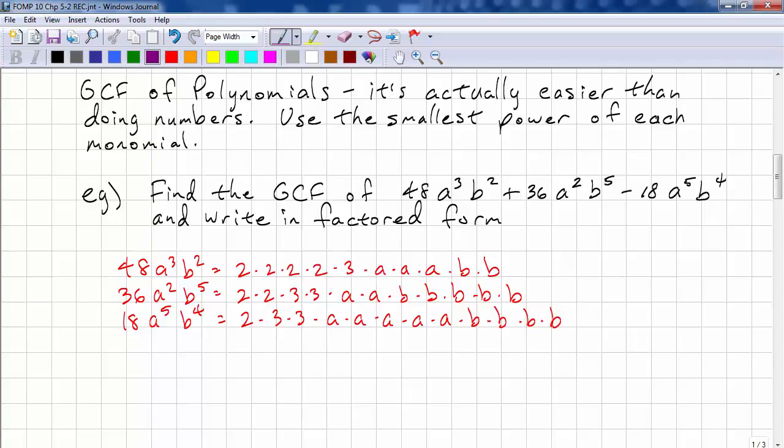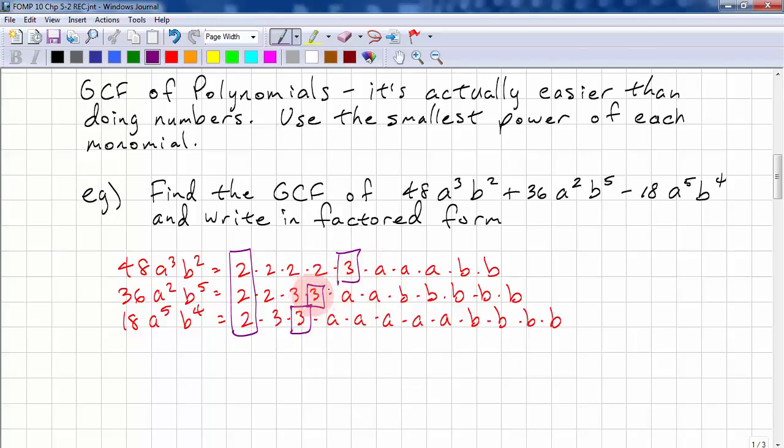And for polynomials, we're not interested in the lowest common multiple at this stage. We pull off the common factors. And we have to have 1 from each one. And the lowest one is 3.